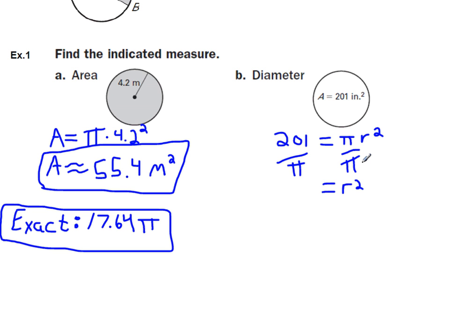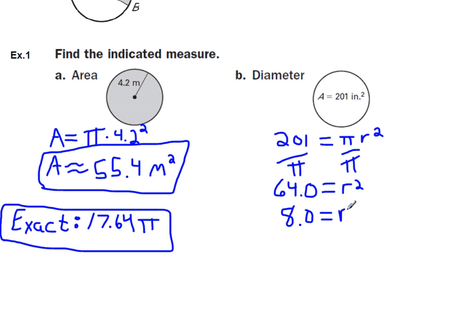So r squared equals 201 divided by pi, and I get 63.98, or if I round to 1 decimal place, that's 64.0, but make sure you are leaving that number on your calculator. We're going to take the square root of it, or we can just raise it to the 0.5 power. You raise it to the 0.5 power, you get 7.99, which, if you round, that's really 8.0.